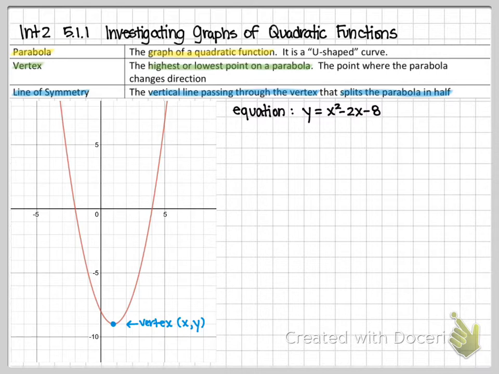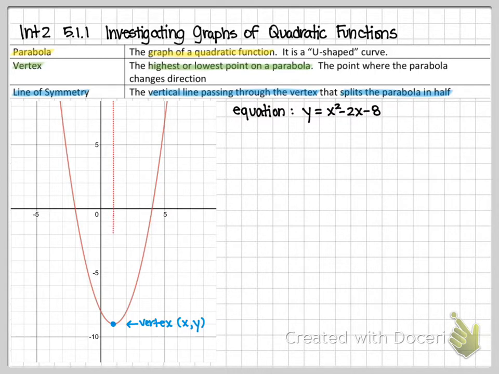Then our line of symmetry, that invisible line, it's not technically a part of the graph, but it does give us kind of that balancing point for this thing. So I want that vertical line to go right through that point, and it should split the graph in half.